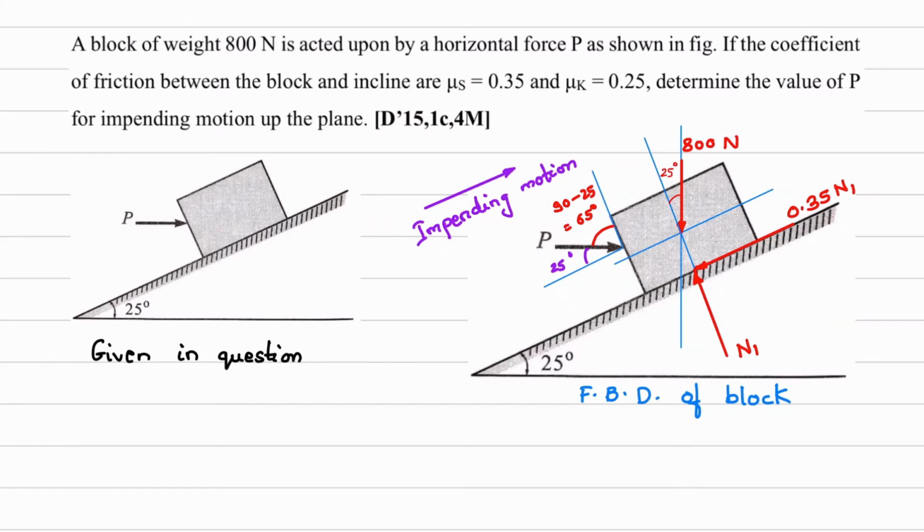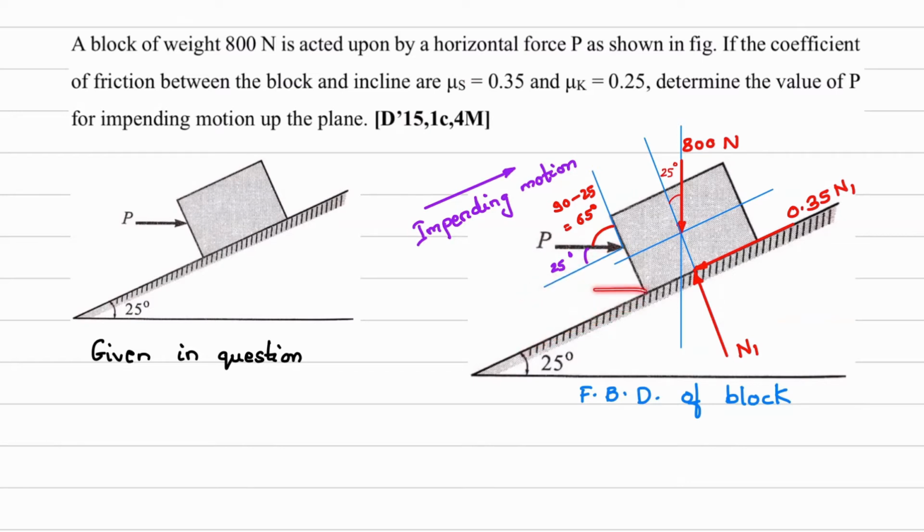Now if you consider the FBD of the block, we have to determine the value of P for impending motion up the plane. So impending motion is up the plane. If this is P, it is horizontal. I have drawn over here the incline, parallel to this inclined surface.